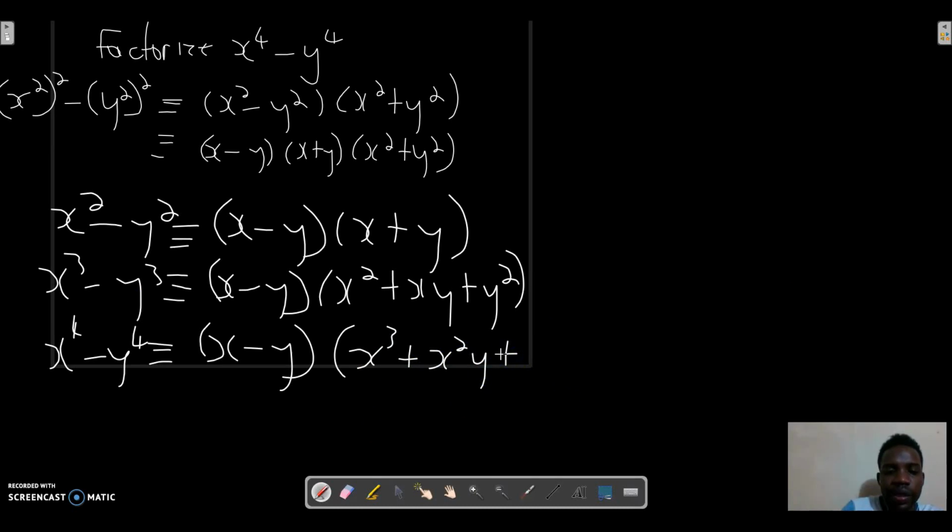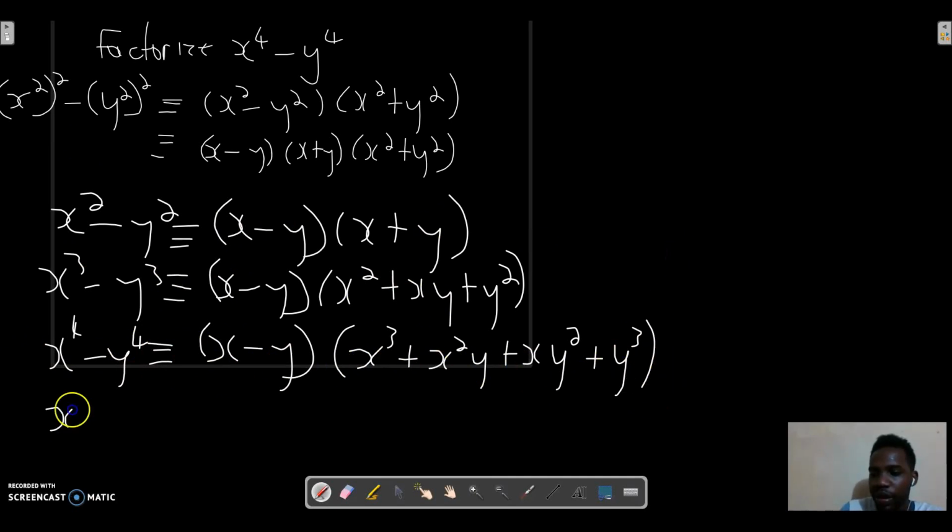We count down again, so x becomes x, but the y is counting up, so we end up with y squared. And then finally, the x will go away, and we end up with y cubed. So there's a pattern developing here. Now, for x to the 4 minus y to the 4, we could use the concept of the difference of two squares, or this, depending on what we want.